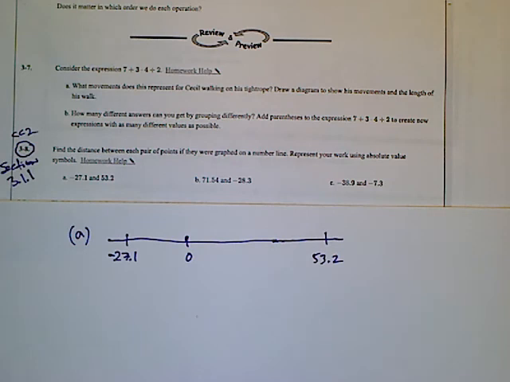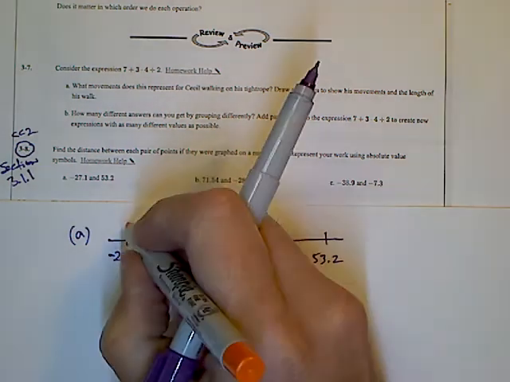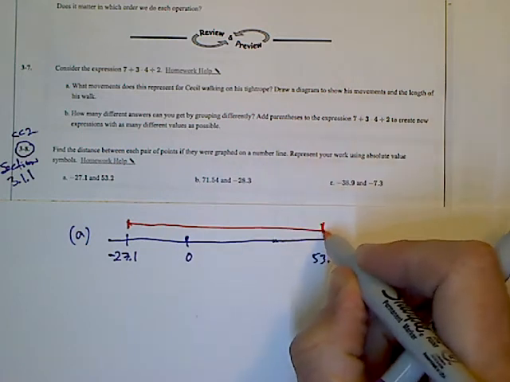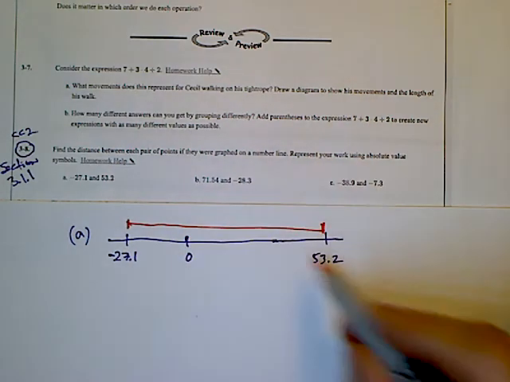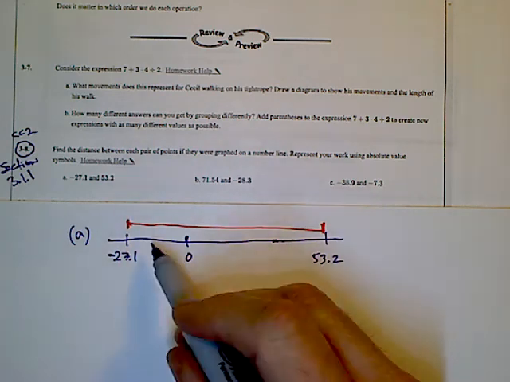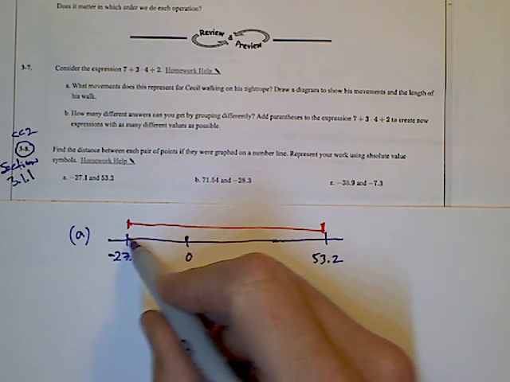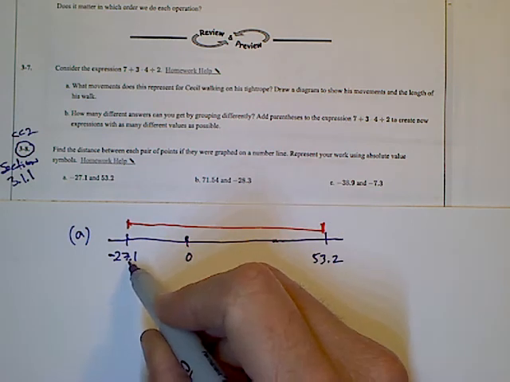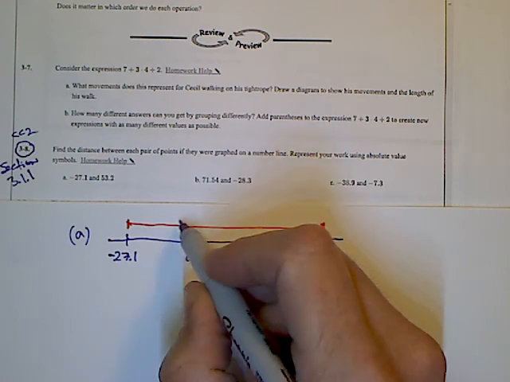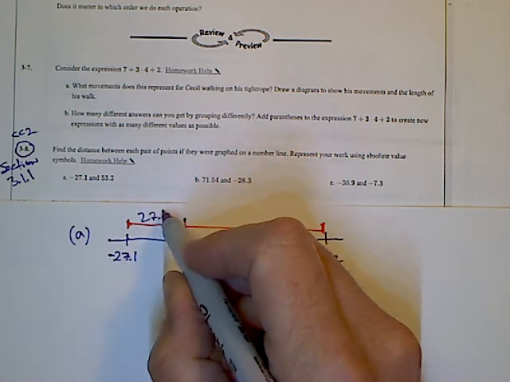So what they're asking is, what's the distance between these 2 points? How far is it between those 2 points? That's what I want to know. Well, the math on this would be to say, from negative 27.1 to 0, that distance right there is 27.1, right?